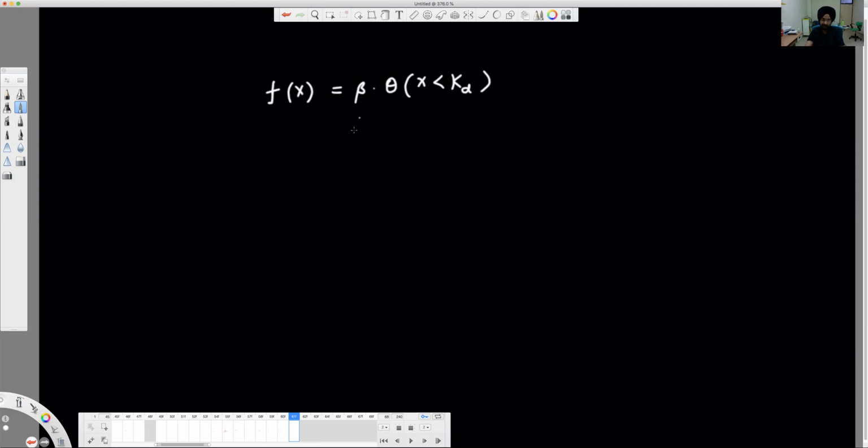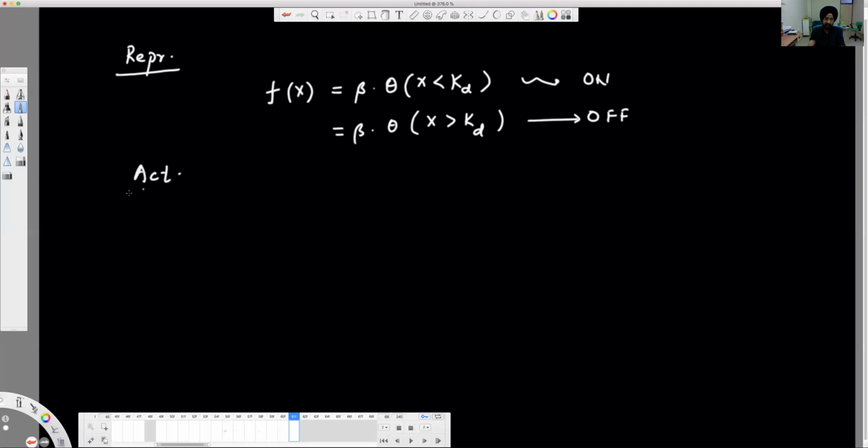And if you have beta times theta of x greater than or equal to KD, now this is for repression, the gene is off. This is for repression. For activation, these things change.